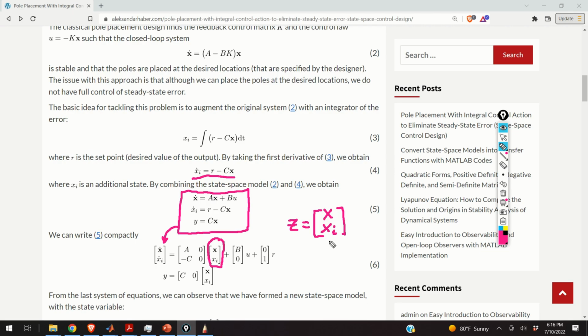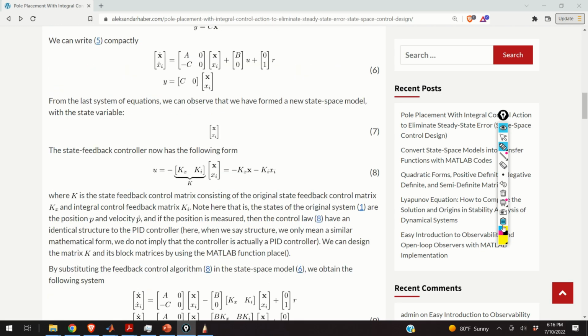Now, we can straightforwardly apply the pole placement method to this system. Basically, we can now design a state feedback control algorithm, where the states are x and xi, and we can use pole placement methods to assign the closed loop poles of this system to desired locations.